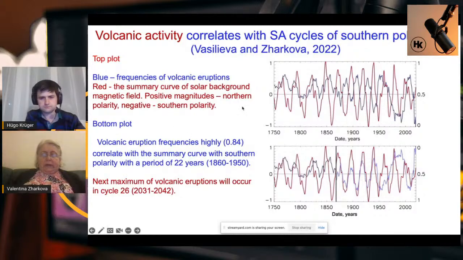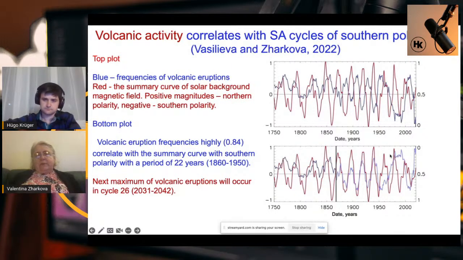The red is my summary curve. Remember this one, which we found from the background magnetic field from principal component analysis. And the blue is the number of volcanic eruptions. When we put them together, you can see that the maxima of volcanic eruptions coincide with the maxima of the background magnetic field when the leading polarity of the sun is southern.